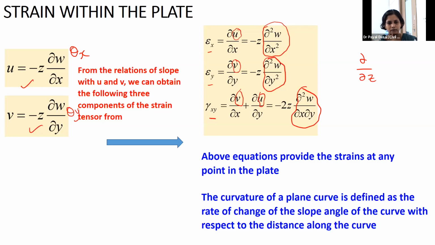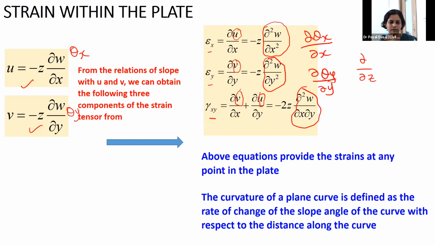It's the second order derivative of the displacement, or first order derivative of the slope, d theta by dx. So here if I call del w by del x theta x, I can say this is del theta x by del x, and this is del theta y by del y.